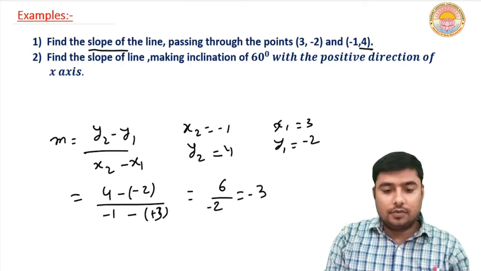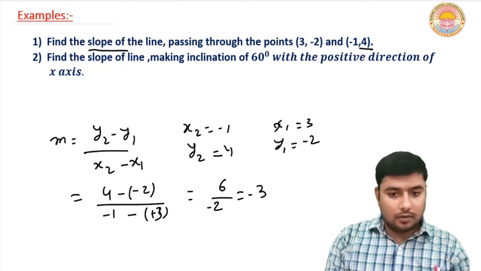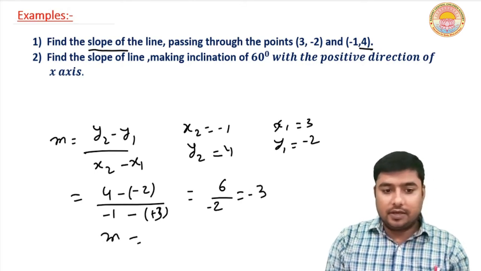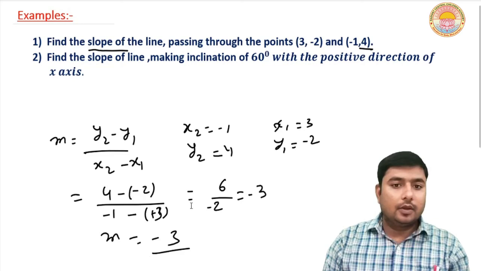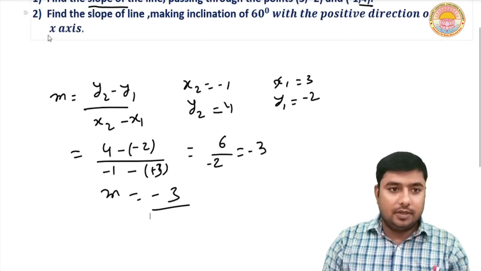Okay, so the slope is minus 3 upon 2. Now we can solve the next question.